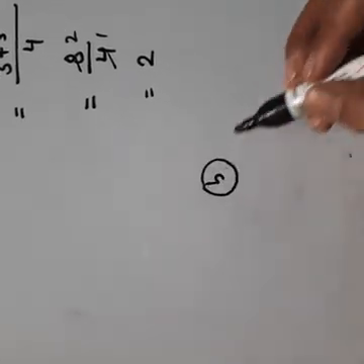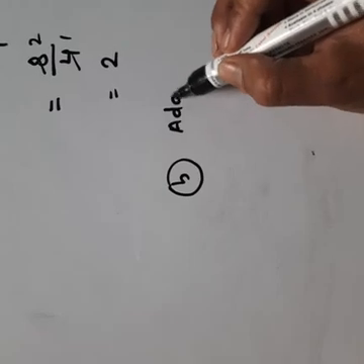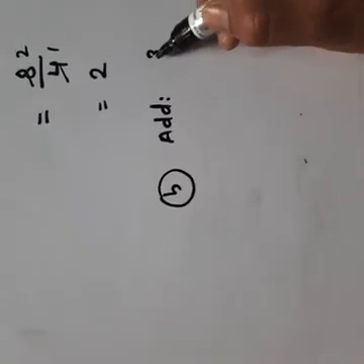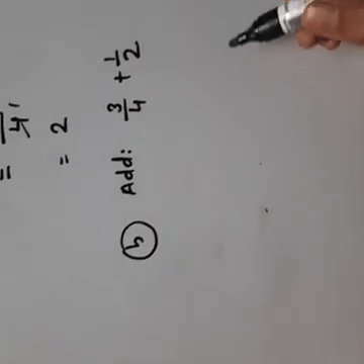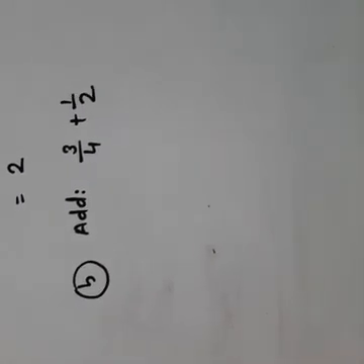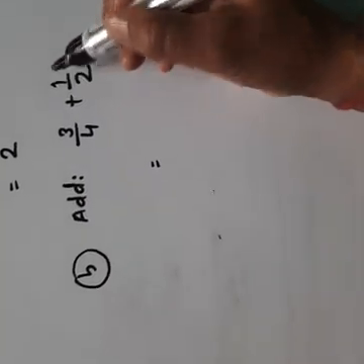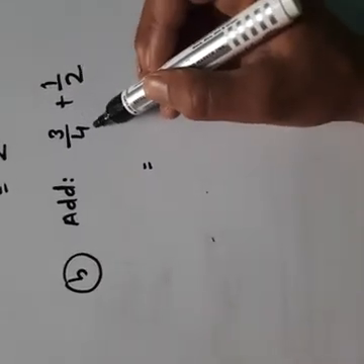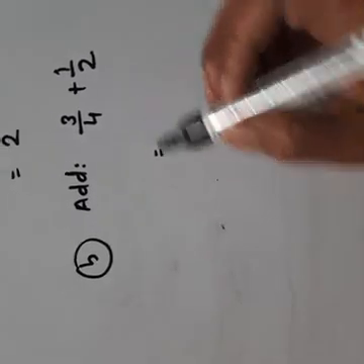Now we can take another example, students. Add 3 upon 4 and 1 by 2. This time the question is 3 upon 4 plus 1 by 2. This time, students, the denominators are different. Here the denominator is 4, here the denominator is 2. So what to do?